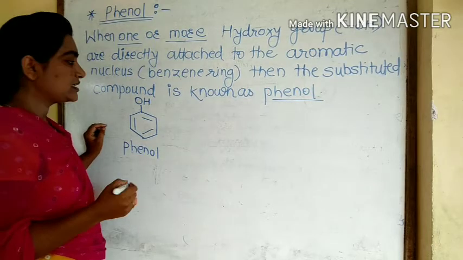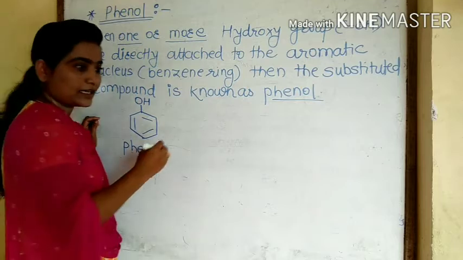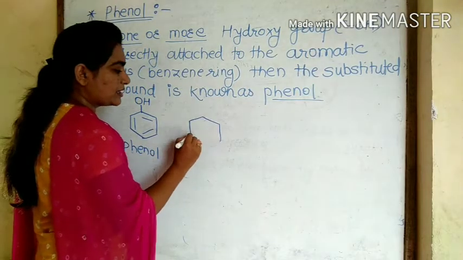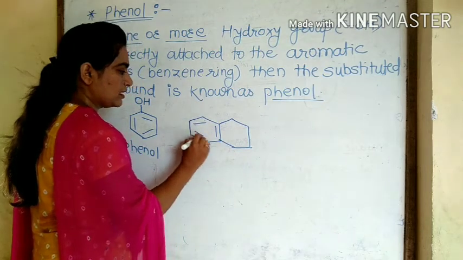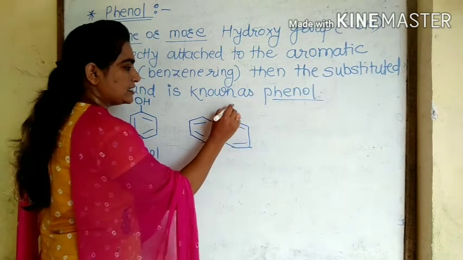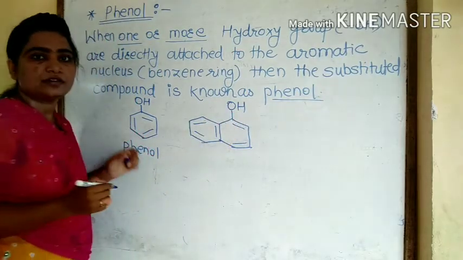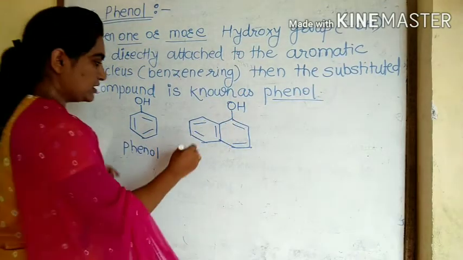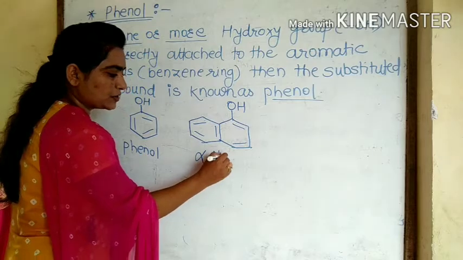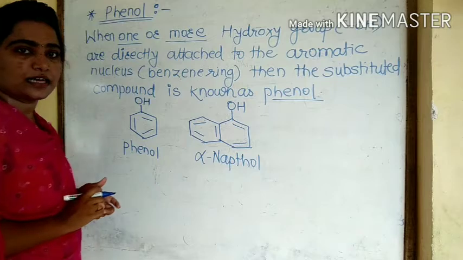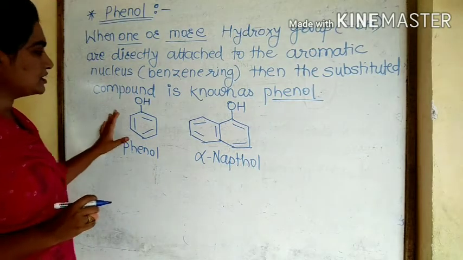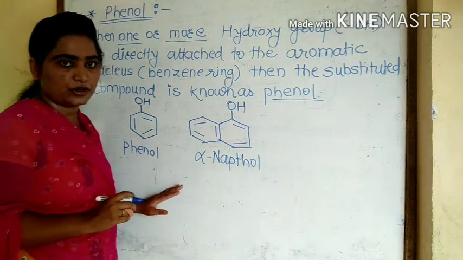Or simply we take the example of naphthol, alpha naphthol. So two aromatic rings are present there like this, and presence of one OH group on that aromatic ring, so it is called alpha naphthol. So these are the examples of phenol.